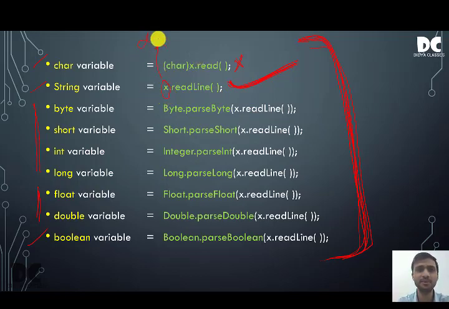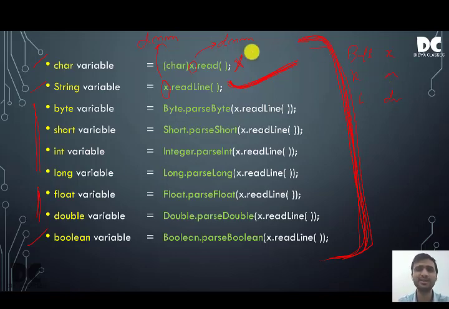For example, in the previous program we had written DNM. So here, instead of X, you have to write DNM. It is just an object name. If you are writing BufferedReader X, you will write X.read, X.readLine. If you are writing BufferedReader A, you will write A.read, A.readLine. If you are writing BufferedReader DNM, you will write DNM.read, DNM.readLine.